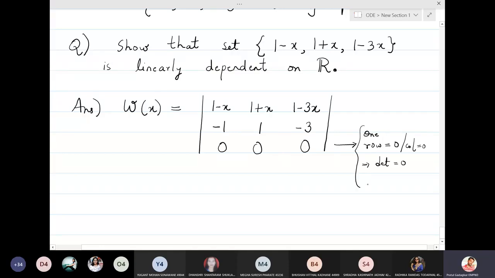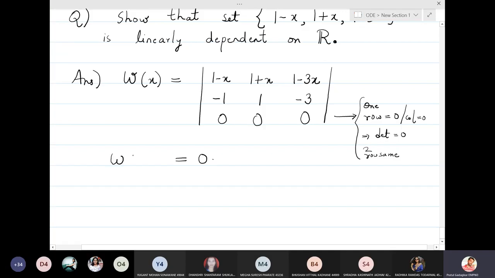Even if two rows are the same: suppose you come across a problem in which two rows are the same or two columns are the same, still the determinant value becomes equal to 0. So this is equal to 0. The Wronskian is 0 for which x? It is 0 for all x.